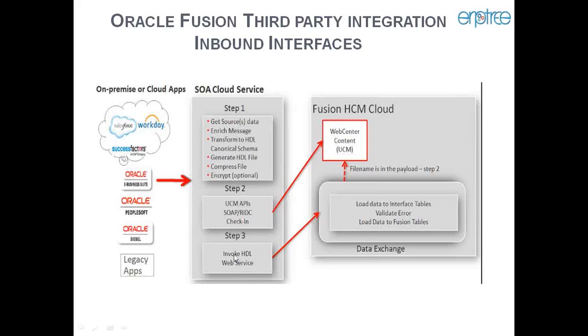So once we invoke the HDL with the web service, it reads the file from the Fusion application and loads the data into the Fusion application. Okay, so these are the steps which we perform while doing the integration. We will go through this in detail once we start with the course.